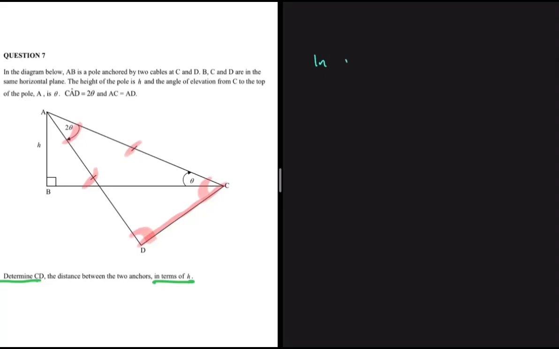So we're saying that in triangle ADC, we have 2 theta plus angle ADC plus angle ACD being equal to 180 degrees. But then because ADC and ACD are equal to each other, since the lines are equal to each other, we can just say that ADC is equal to ACD.